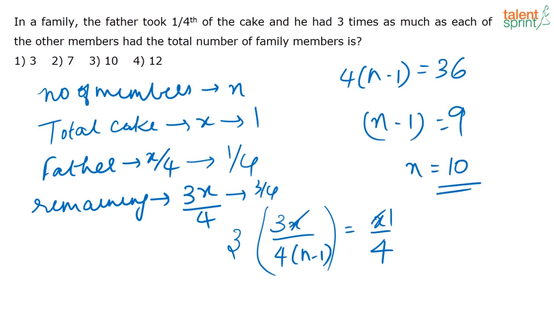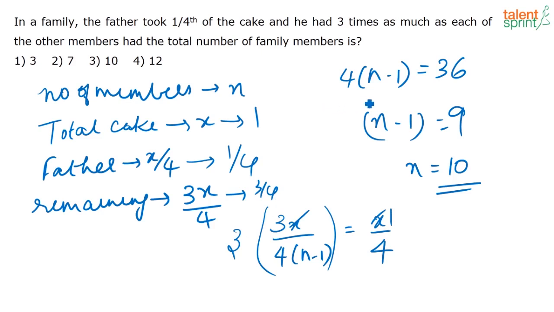I hope it's clear. I am assuming that the number of members is n, and the total cake, either you consider it as x or as one cake. So one cake is there and father is having 1/4 of the cake, the remaining is 3 by 4. So the cake is divided among the remaining people. How many people are there now? There are n minus 1 people. The total family has n persons.